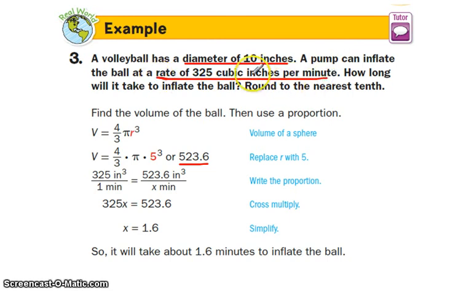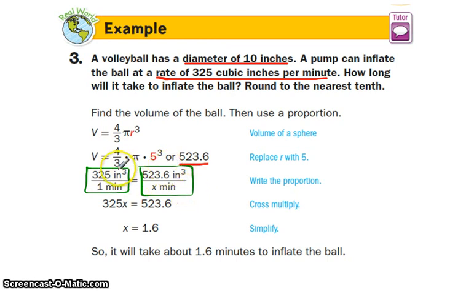So what we can do is use a proportion. We know that it inflates at 325 cubic inches per minute. There's our first fraction: 325 cubic inches per minute. How long does it take to inflate the ball? Here's our other ratio. We know that the volume is right here, and we want to know how long it takes to inflate a ball this size.